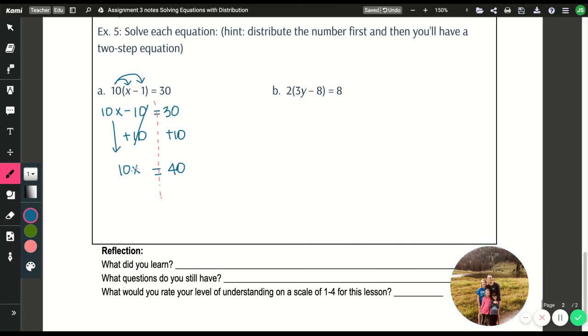This means 10 times x. The opposite of multiplication is division, so we're going to divide each side by 10. 10 divided by 10 is 1, so I get 1x equals, and 40 divided by 10 is 4.